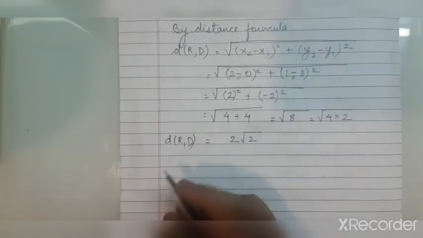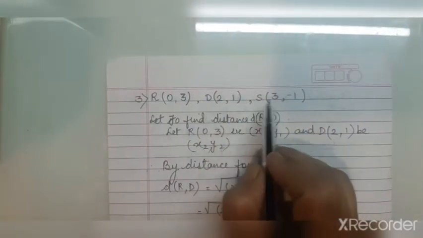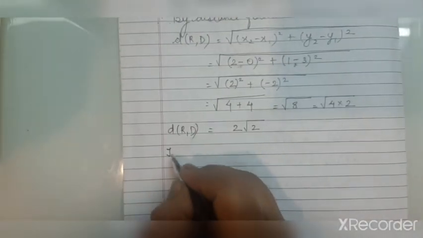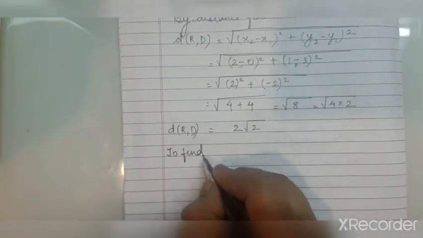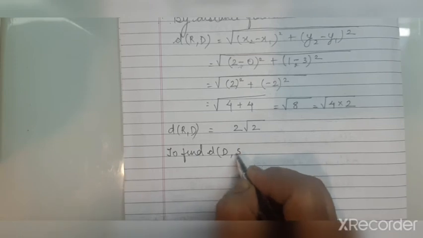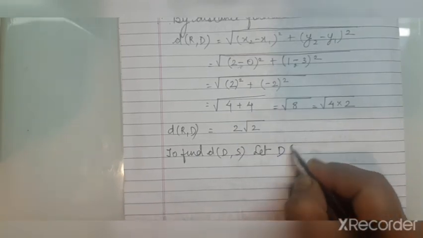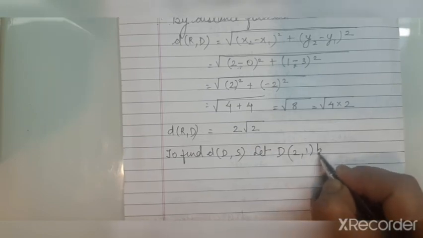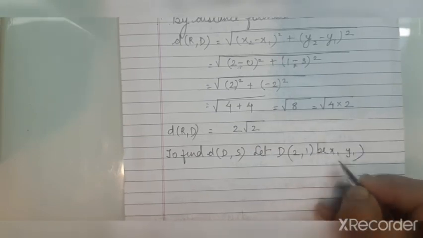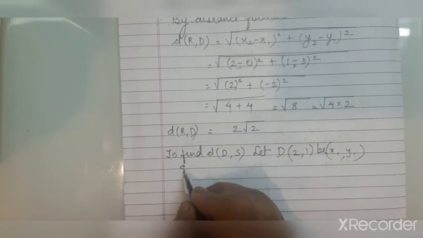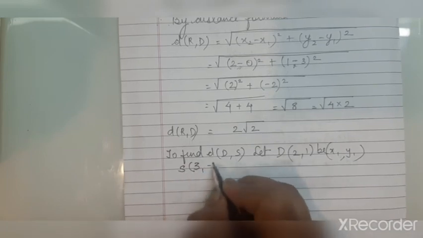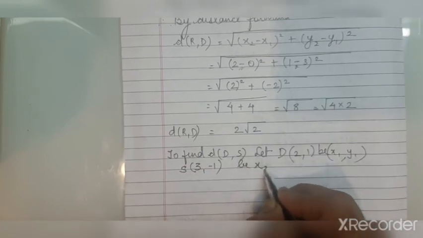Okay, after that, we have to find distance DS. So to find distance DS, let this point D, which is (2, 1), be x1 y1 and the point S, which is (3, minus 1), be x2 y2.